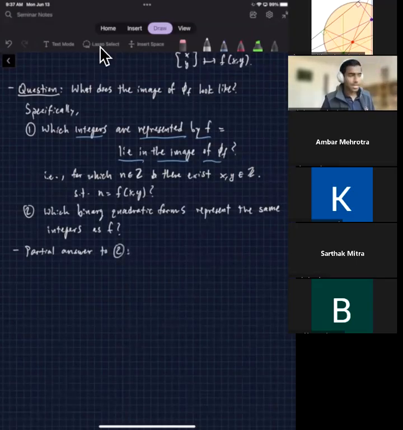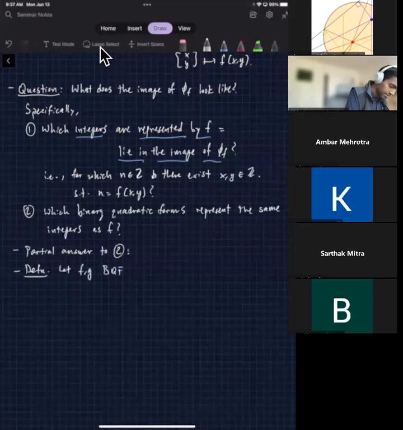Okay. And in order to give that answer, I need to make a definition. Definition: let f and g be BQFs.